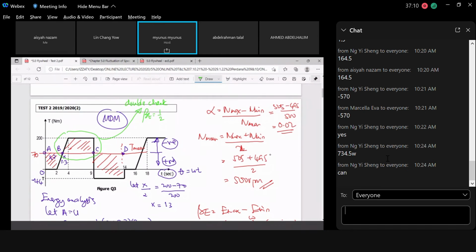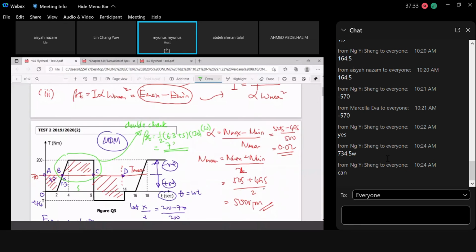So half multiplied by this one will be, you have 5 plus 1.3, you have 6.3 plus 5 multiplied by 130, not to forget the omega. So could anyone tell me, is this correct or not as what you have earlier, 734.5 omega?